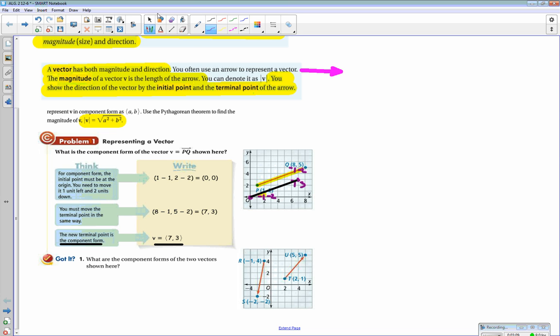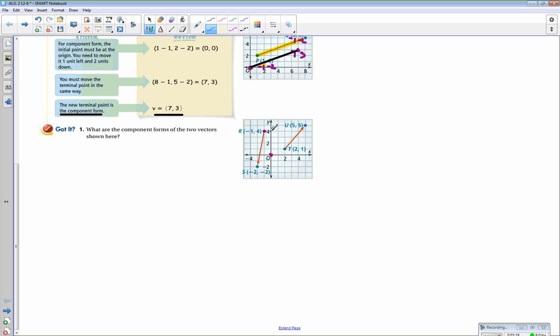So the first thing we're going to do is take this vector here and move him to the origin. So to do that, I have to add 1 and minus 4. So I'm going to add 1 and minus 4. When I do that, I get -1, -6. 1, 2, 3, 4, 5, 6.